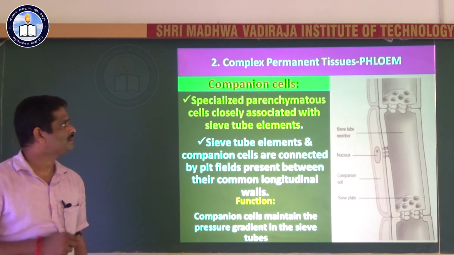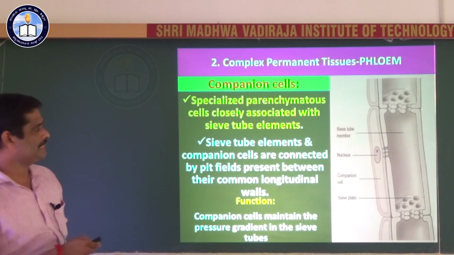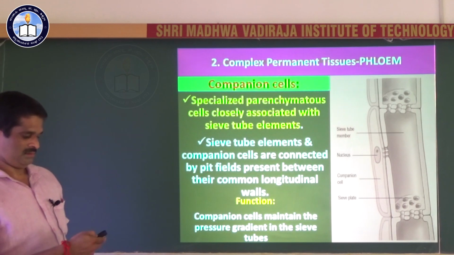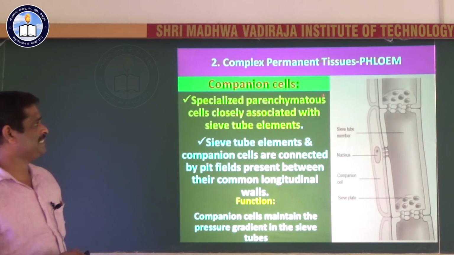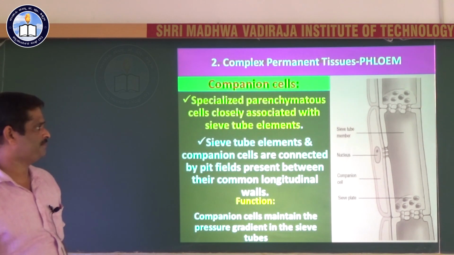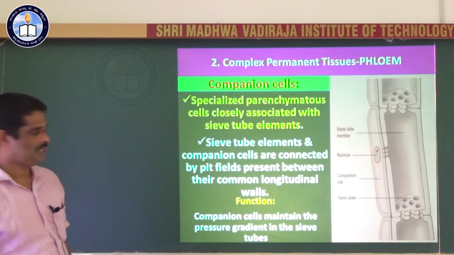Companion cells. What are companion cells? These are specialized parenchymatous cells closely associated with the sieve tube elements. Parenchyma cells associated with the sieve tube elements are called companion cells.